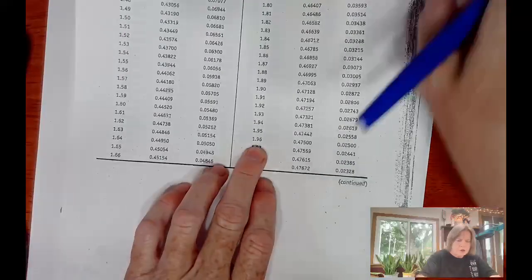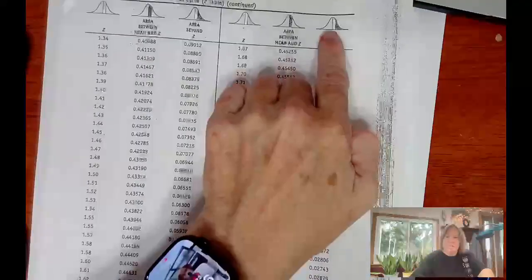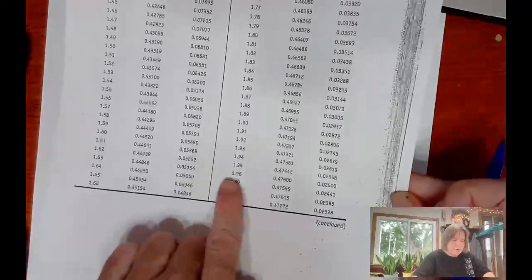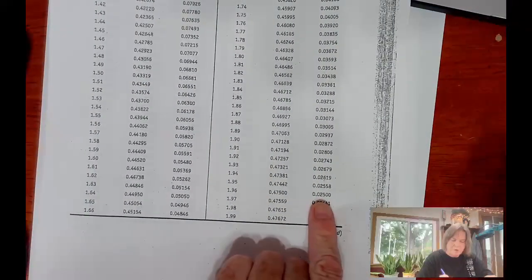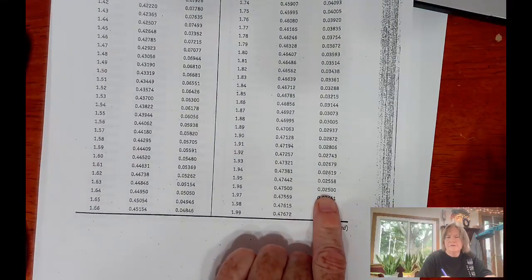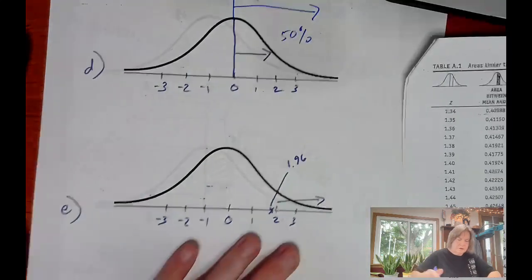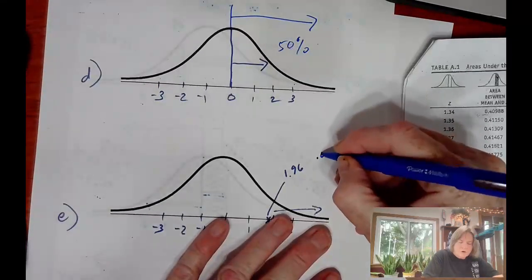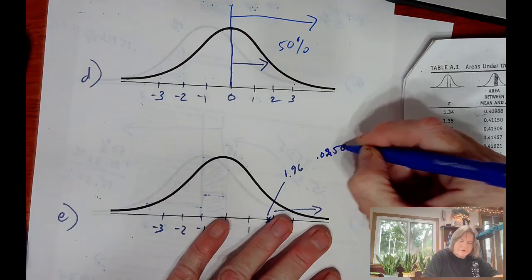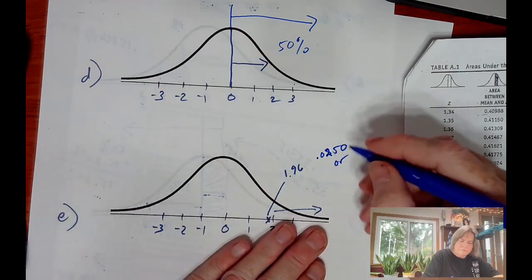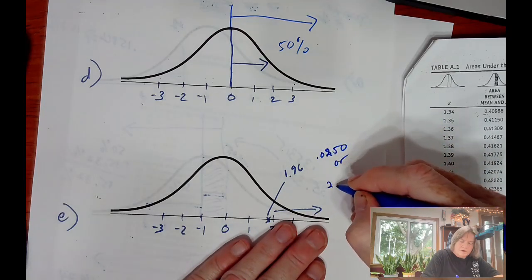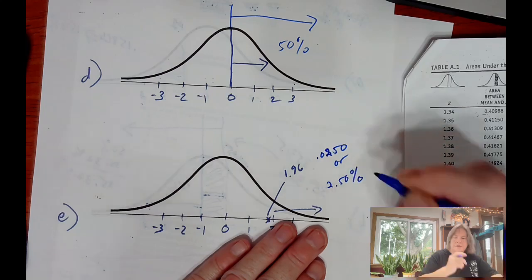For 1.96, we're looking for the last column, the one like this. This column is 0.0250, or 2.50%.